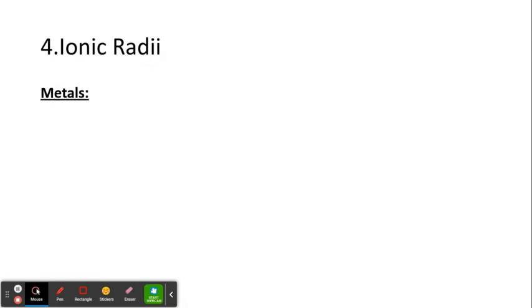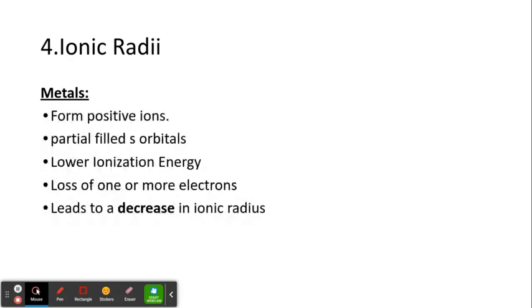Okay, first and foremost, we're going to look at the positive ions, and those are going to stem from the metals. Okay, metals form positive ions. They essentially have partially filled s orbitals. They have lower ionization energy.